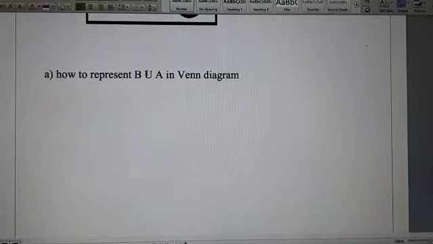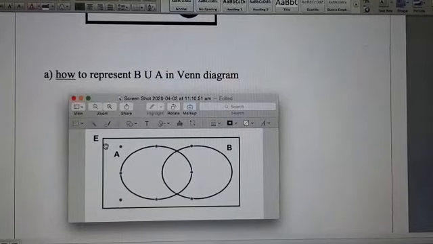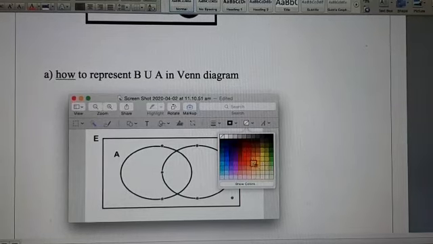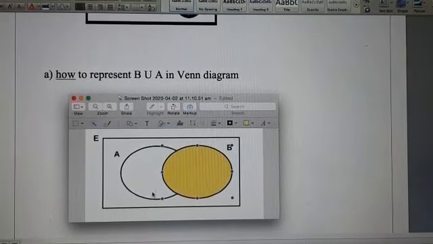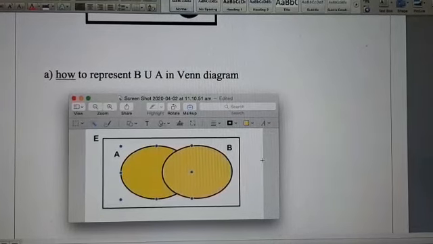Similarly, you can represent B union A in a Venn diagram, like here. If you want to shade B union A, then first of all shade B like this, and in the union you will completely shade A as well.